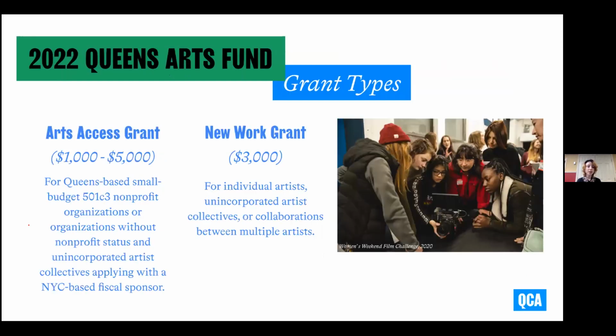This year, we're offering 2 grants, the Arts Access Grant for organizations and artist collectives applying with fiscal sponsorship. Those grants range from $1,000 to $5,000. And then also the New Work Grant, which this session is about, where grants are $3,000.